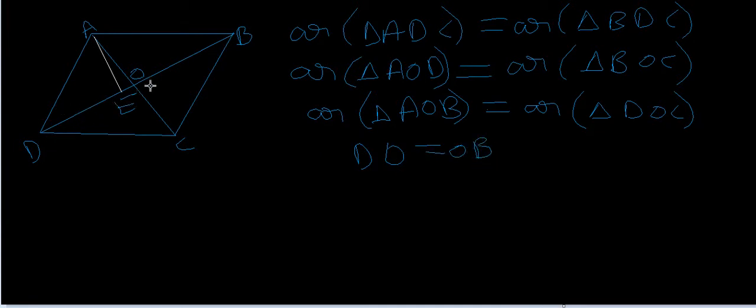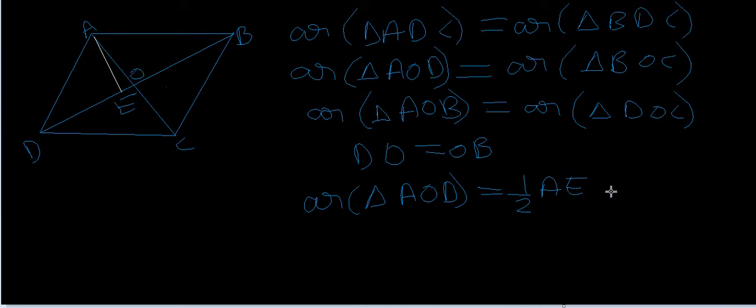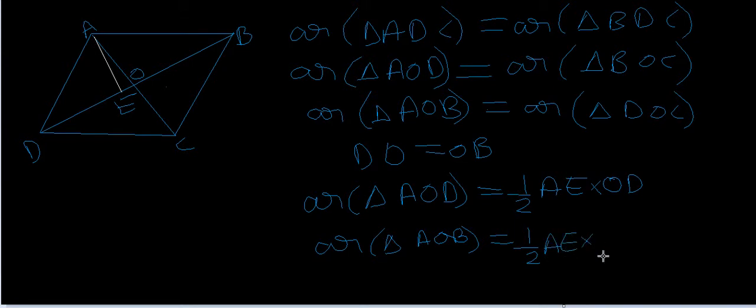Now if DO is equal to OB and AE is common in both, then area of triangle AOD is equal to half into AE into OD, and area of the triangle AOB is equal to half of AE into OB.